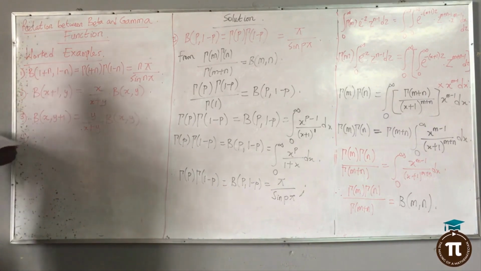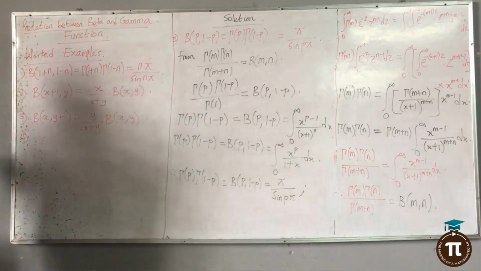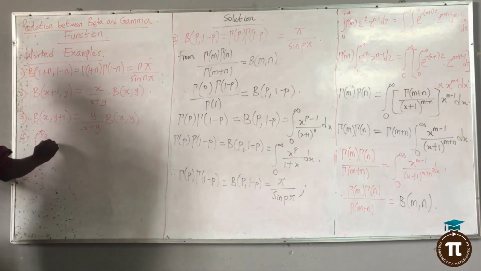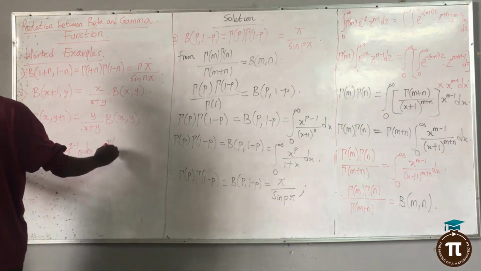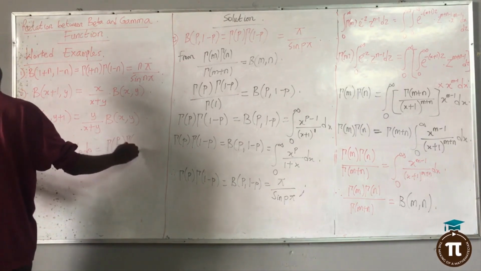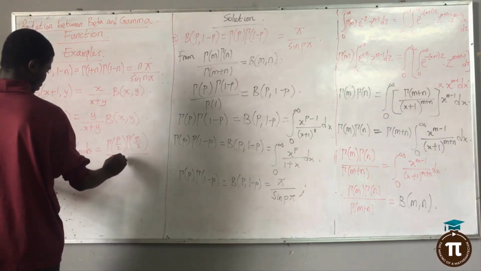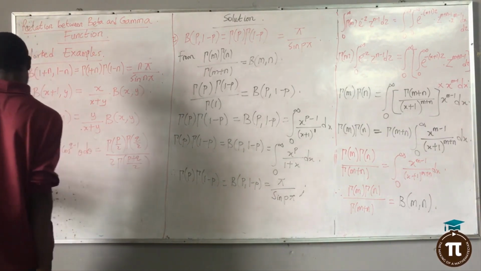Number 4, we need to show that the integral from 0 to pi over 2 of sine to the power p minus 1 theta, cos to the power q minus 1 theta, d theta is equal to gamma of p over 2, gamma of q over 2, all over 2 gamma of p plus q over 2.